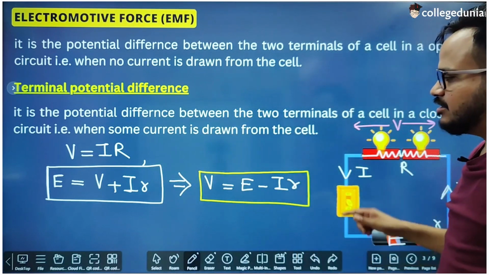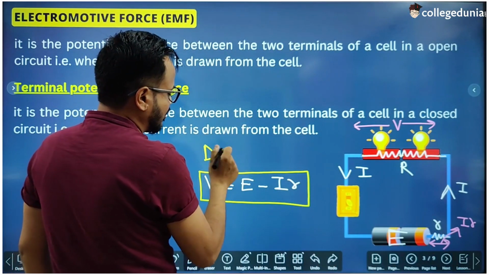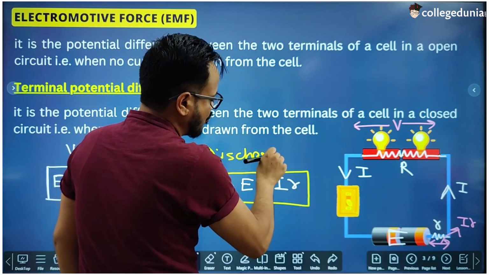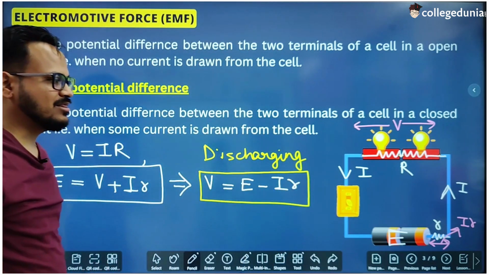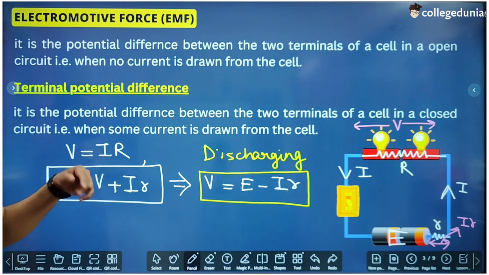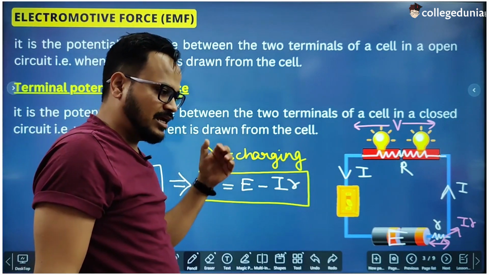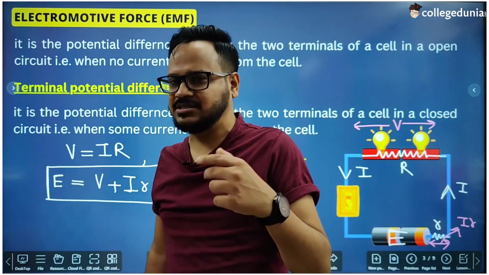We will say that this is the equation in case of discharging. Discharging is simply the process when you are using the cell, because when we use a cell in a circuit, it gets discharged with time. There are some cells, like the battery of our mobile phones and some pencil cells, which are chargeable.